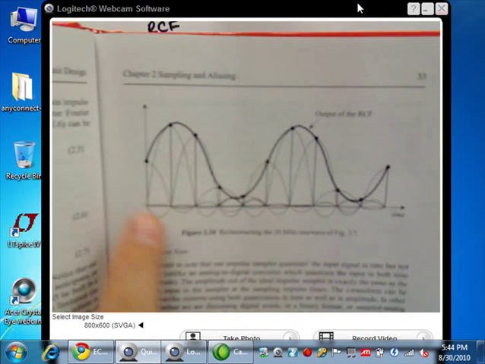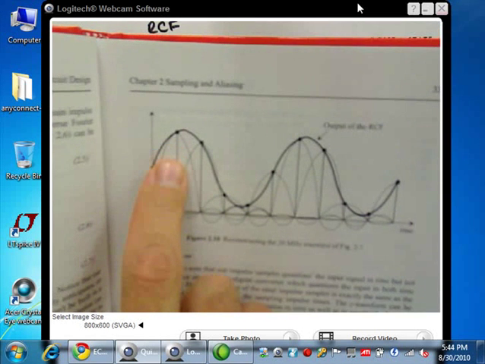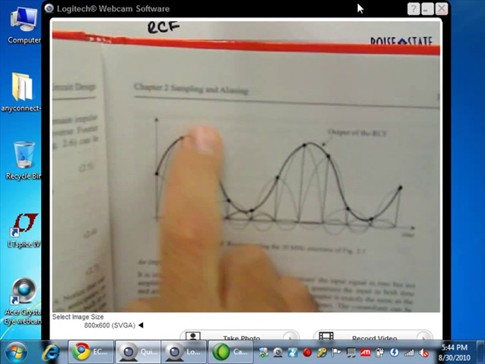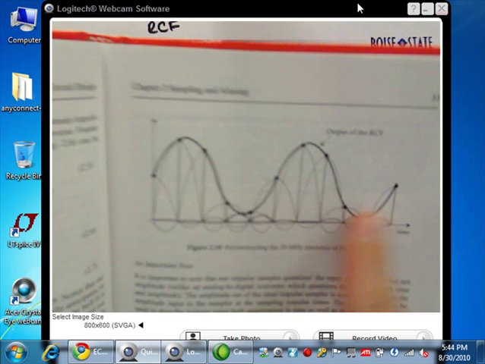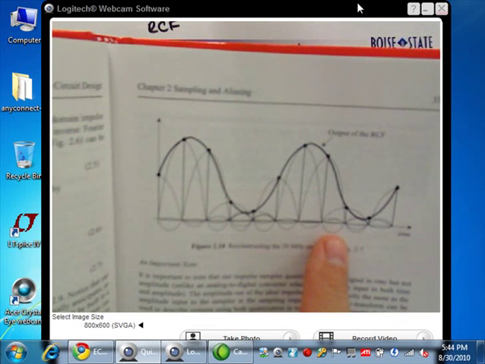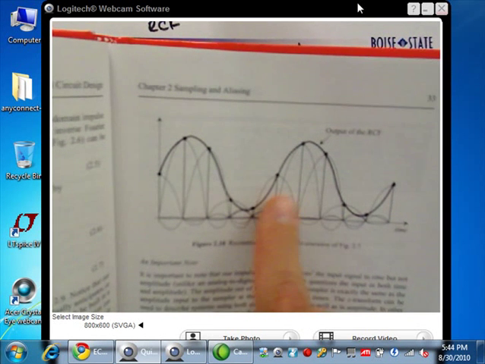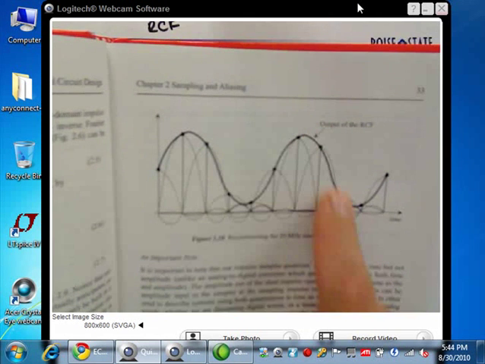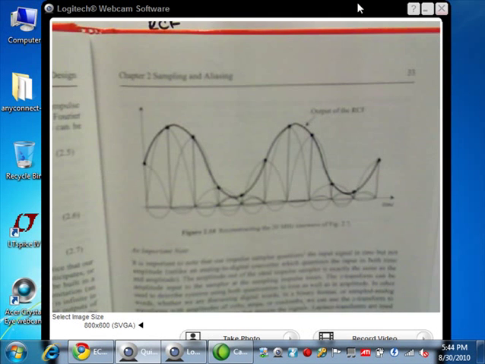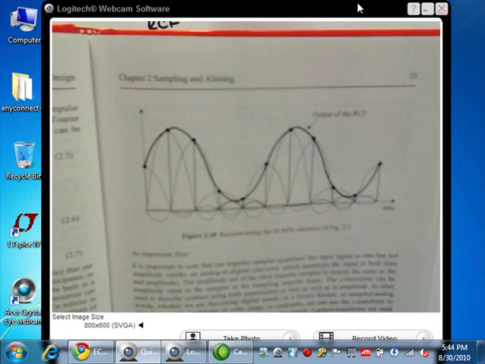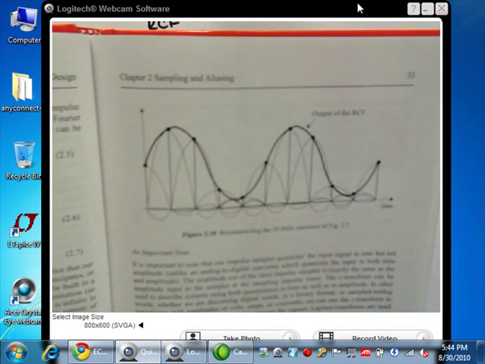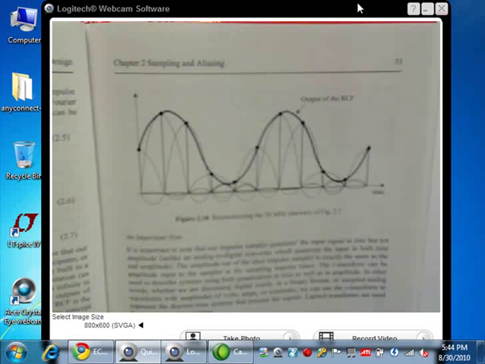If I take all those sinc responses and add them together, sure enough I get exactly my input signal, because sometimes the sinc response is negative, sometimes it's positive, but when I add them all together they sum to my exact response. That's how I can reconstruct my exact input, by passing it through this ideal reconstruction filter. Any questions?